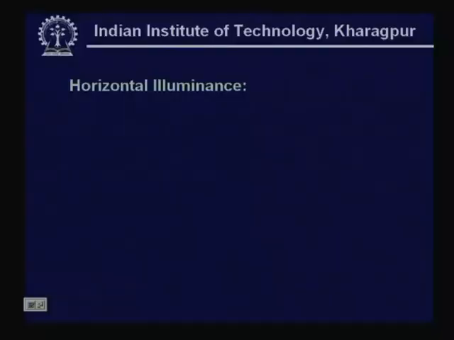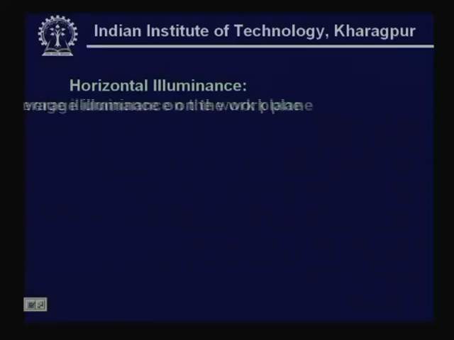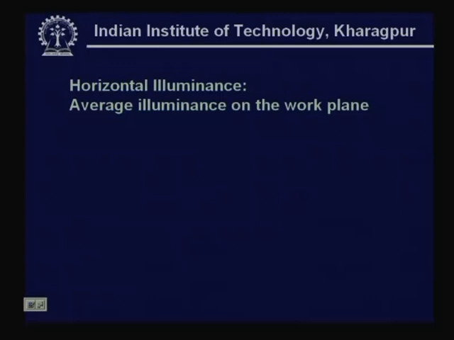On the other hand, there could be certain operations where the operator stands and works, then the height could be close to 1 to 1.2 meters. These are kept in mind, but there are applications where we do have vertical plane, as I mentioned, a chalkboard in a classroom. The other area where you are concerned with vertical illumination is outdoor applications.